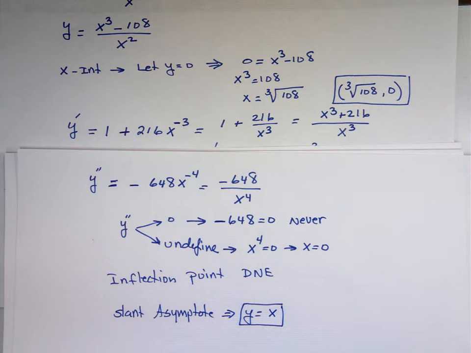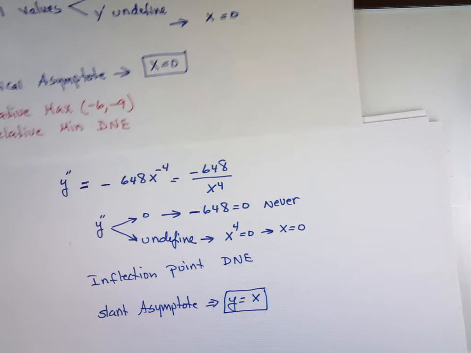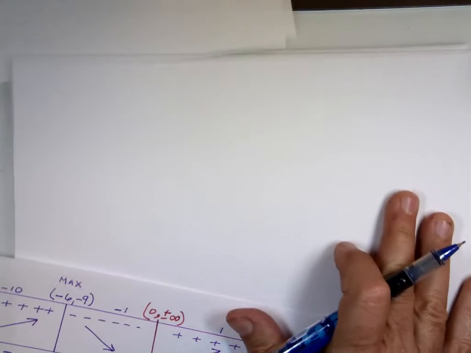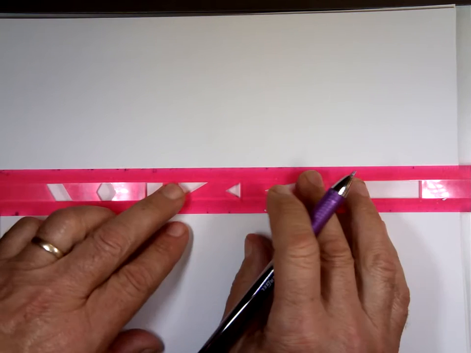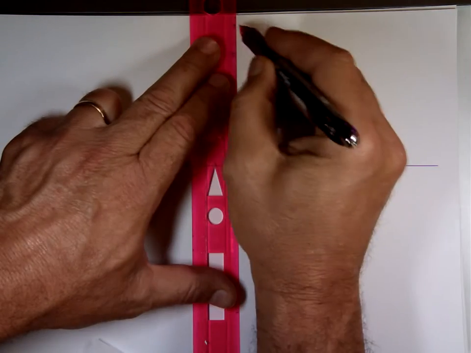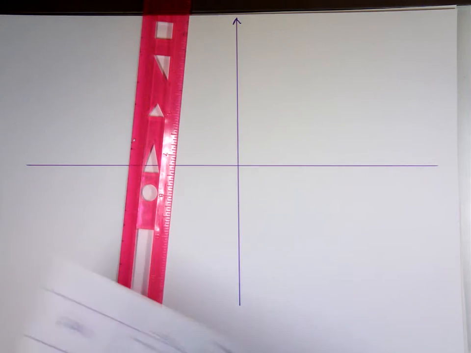So just knowing this information, I can graph it. All the stuff in front of me here, I said, let me graph it. Let me just take a piece of paper. This is the x and the y axes. Here's what I know. Let's write what we know.